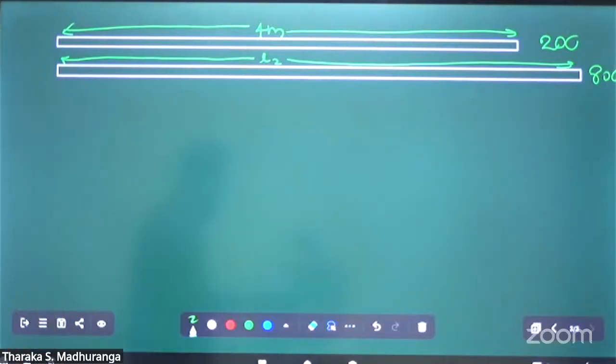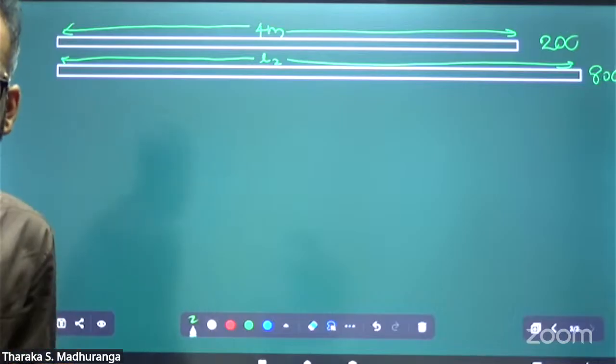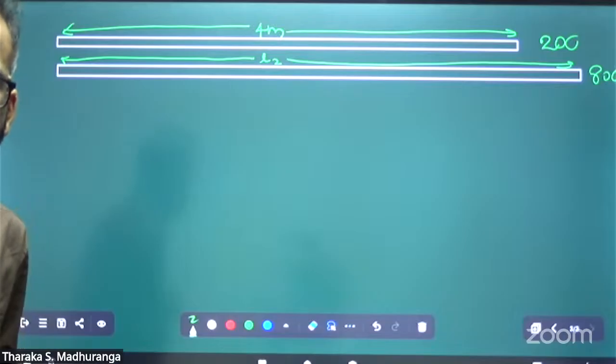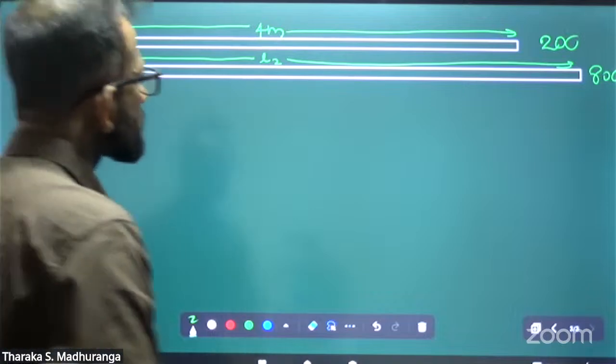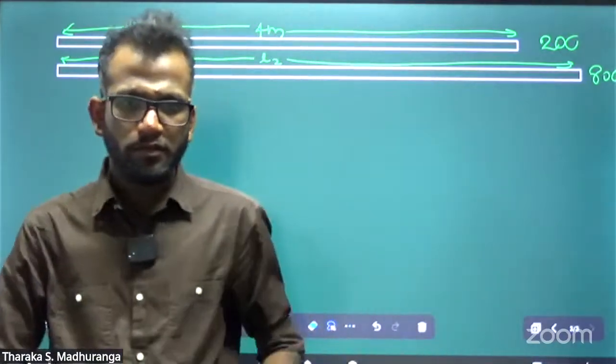Is both clear? Sandeep, is it clear? These values? Okay, now good.